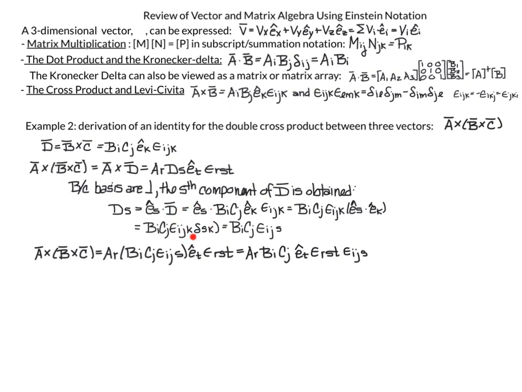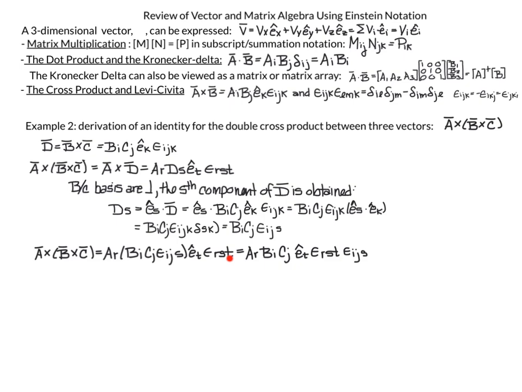And then according to our properties of the Kronecker delta, when we have this index K repeated, we can get rid of the Kronecker delta, but then we must replace this K with this S. So we have B sub I, C sub J, epsilon IJS. So now for A cross B cross C, we have our A sub R. And then for D_S, we have that here, B sub I, C sub J, epsilon IJS. We have our e^T and our epsilon RST.